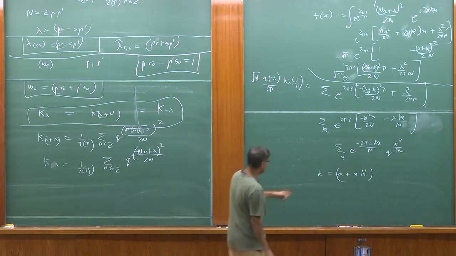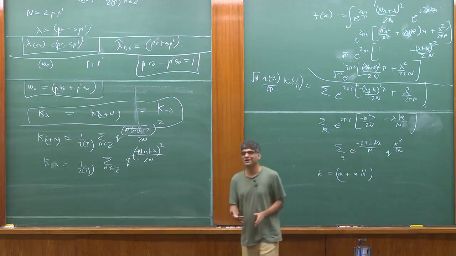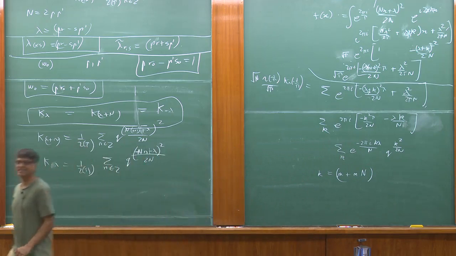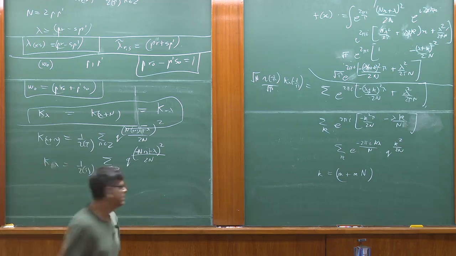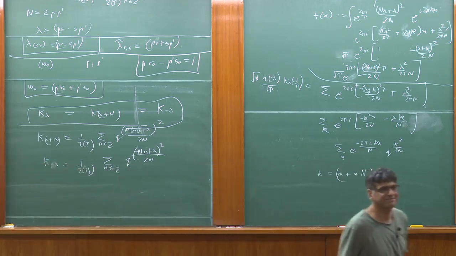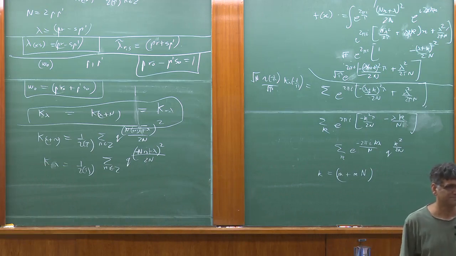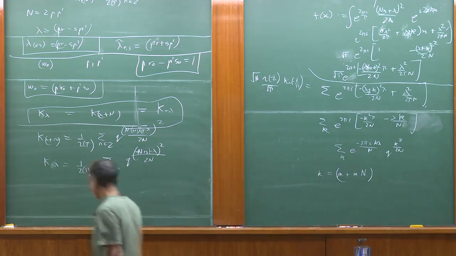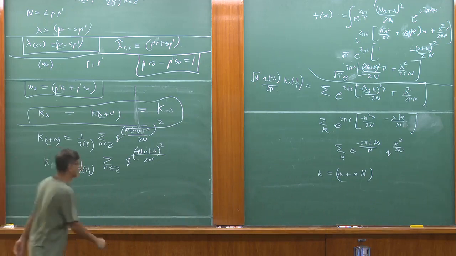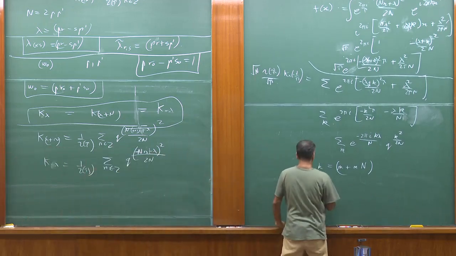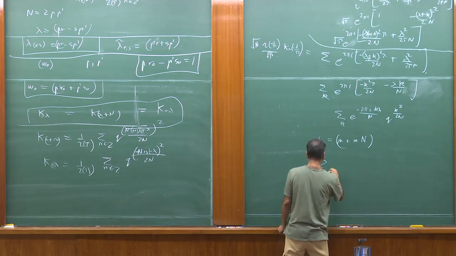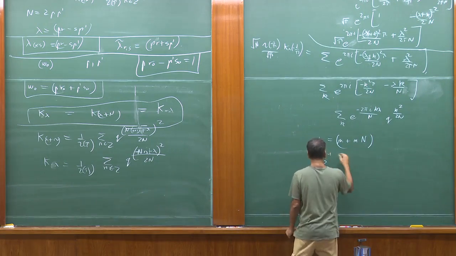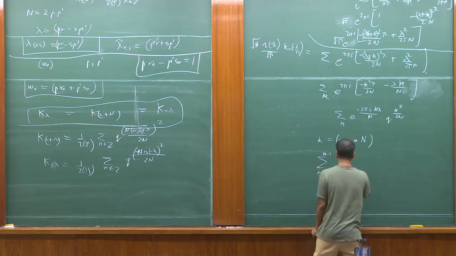So we have to sum mu from 0 to n minus 1 and sum m over all integers. That produces the sum over all integers k. Okay? So let's separate out those sums.